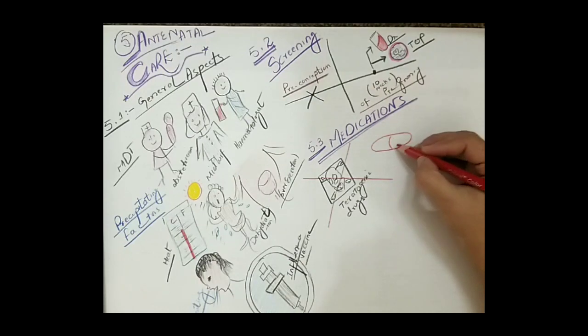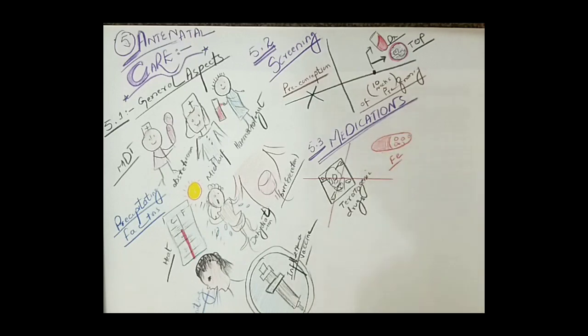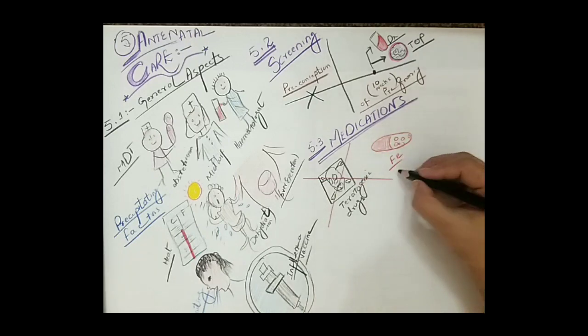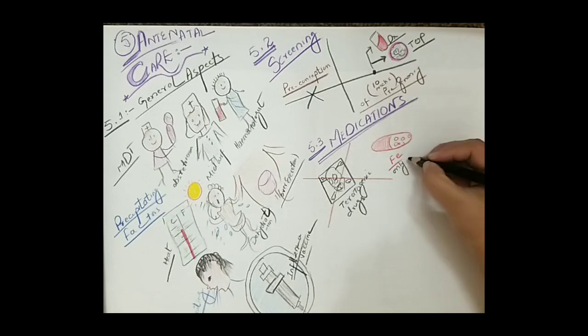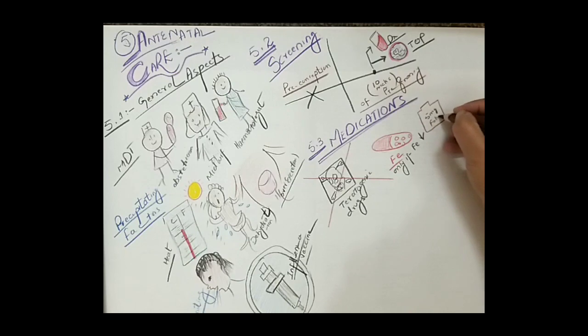About iron supplements, iron supplements should be given only if there is laboratory evidence of iron deficiency. Not in each and every case of sickle cell disease do we have to give iron, because in sickle cell disease the problem is not iron deficiency, and if we repeatedly give iron, that can cause iron overload. So iron only if there is iron deficiency.